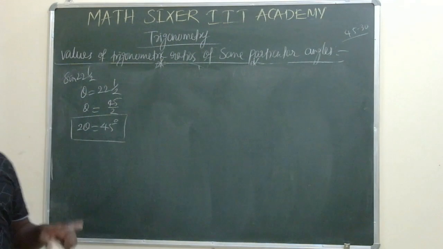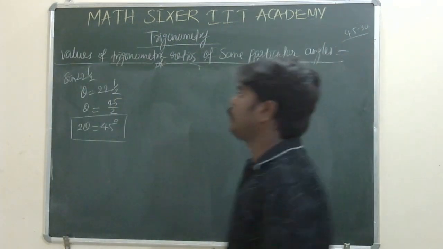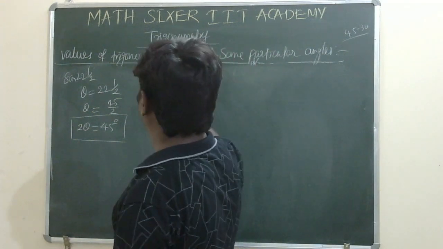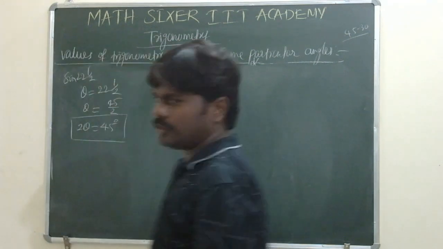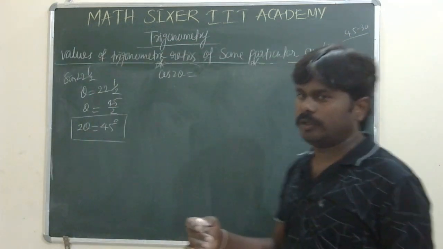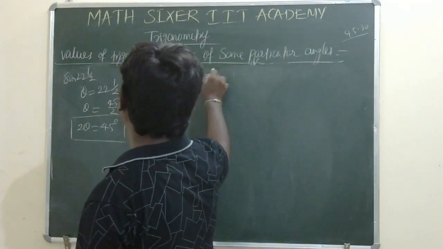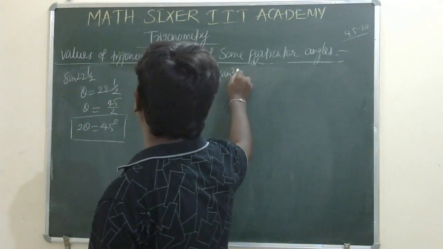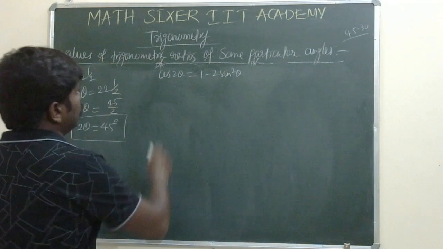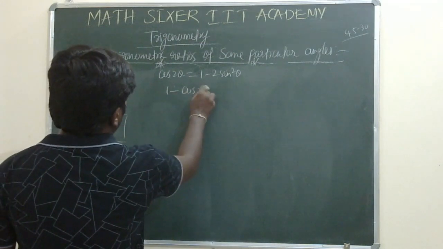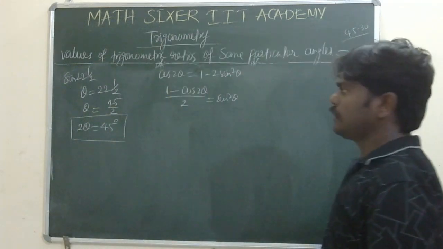So that means what? Now our derivation is with the help of sin 2 theta and also cos 2 theta. So here cos 2 theta when you find easily, then you can find sin 22 by 2. So here cos 2 theta means something like 1 minus 2 sin square theta. Okay, so we can write 1 minus cos 2 theta by 2 is equals to sin square theta.